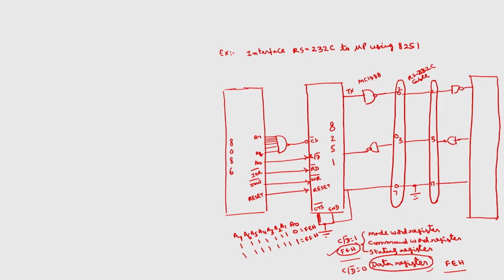Now, with these connection details, this is the data communication equipment. If you want to make the transmitter ready, I will write a simple program with some specifications.